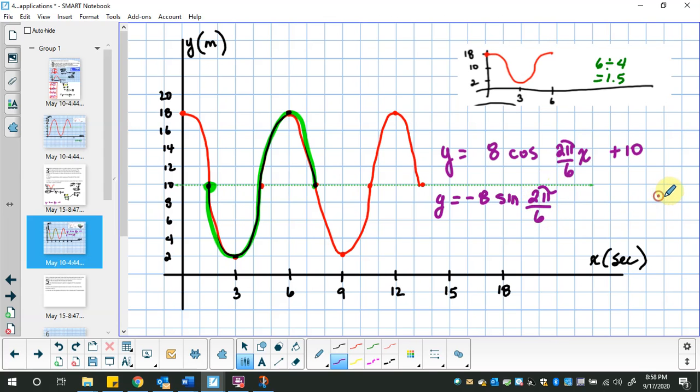I still have the exact same line of equilibrium, but this time it's not right up against the y-axis. It's moved over a little bit, and we have to figure out how far it's moved over and in what direction. So this is in the positive direction, so I can put down a minus sign, and it's moved over 1.5 seconds, so I can put a 1.5 there, and that's a brand new equation.